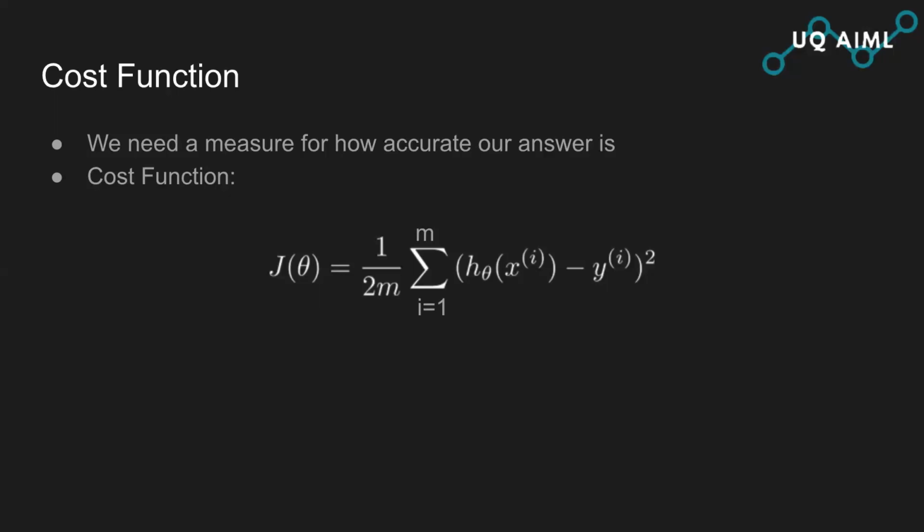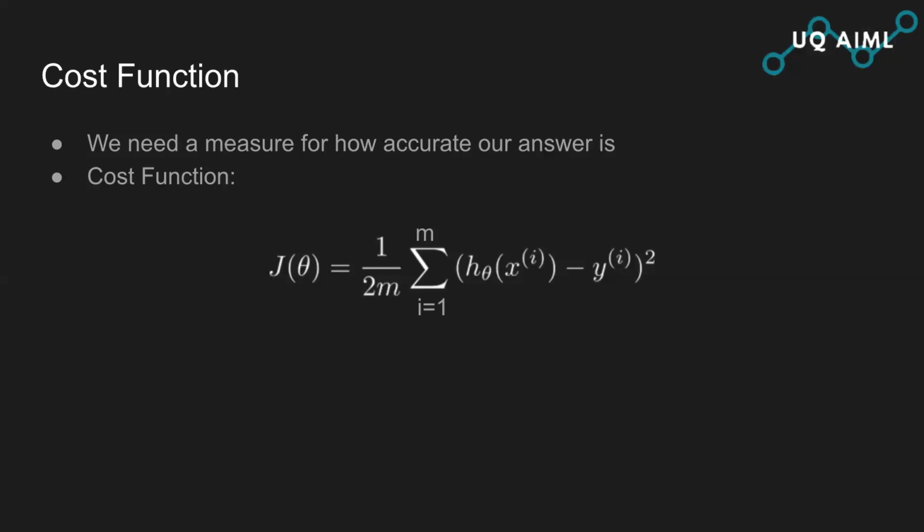So this is where we come up with what we call the cost function. This is a measure of how accurate our answers actually are. We want to minimize our cost. It's kind of obvious, but we want to minimize this value as much as possible.